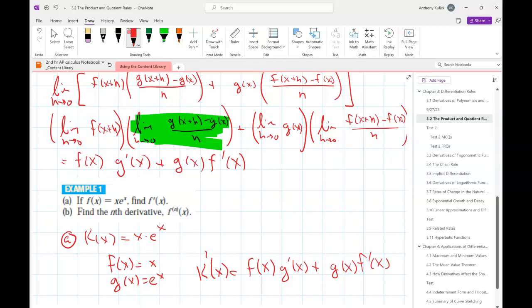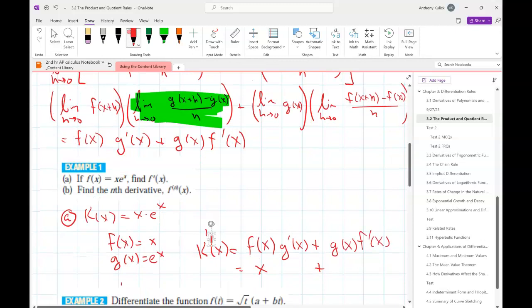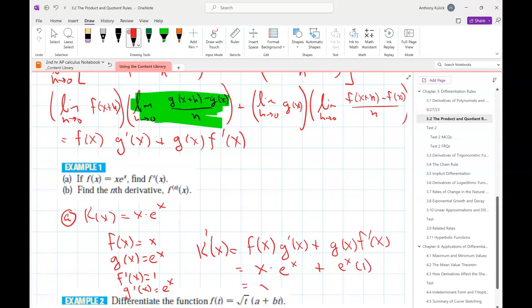So the derivative of f of x is 1, and the derivative of g of x is e to the x. So my answer then is going to be x times e to the x plus e to the x.